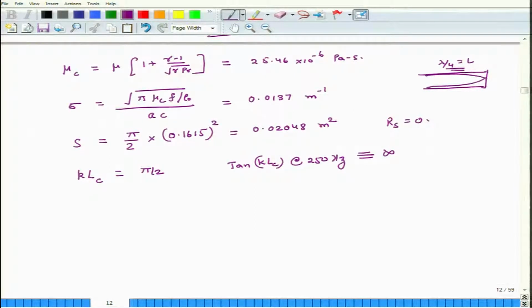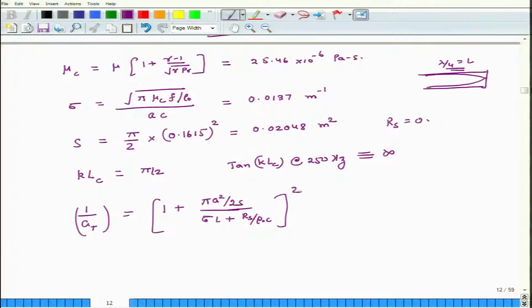So, when it corresponds to infinity, 1 over AT is equal to that simplified expression: 1 plus pi A square by 2s divided by sigma L plus Rs by rho naught C, this whole thing squared.